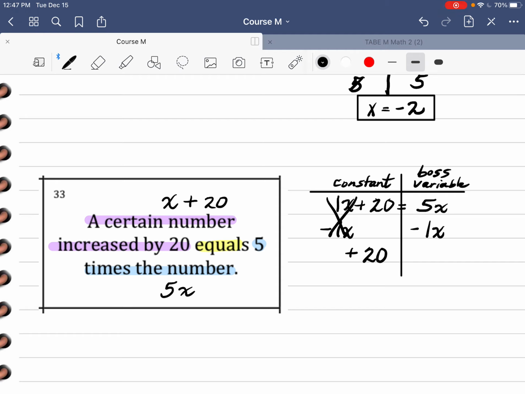You can keep the positive if you want to. 4x. Divide by the coefficient 4. So x and 5 need to be standardized. Number 33, x equals 5.